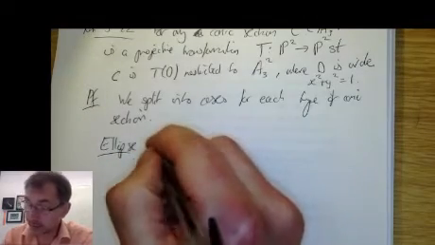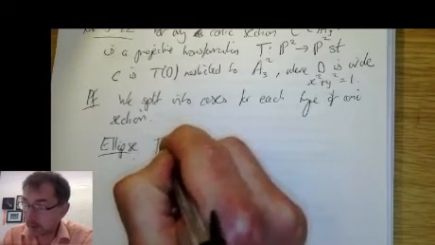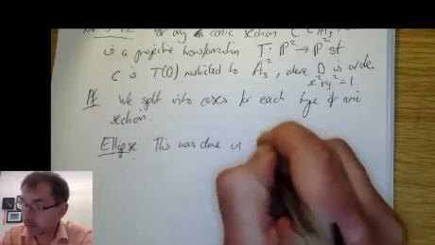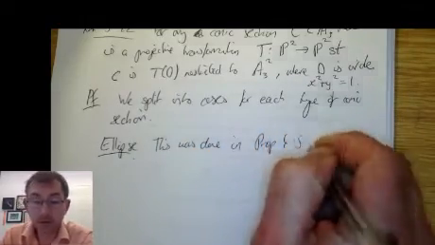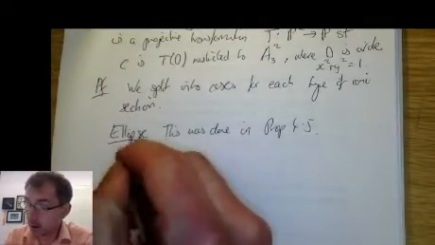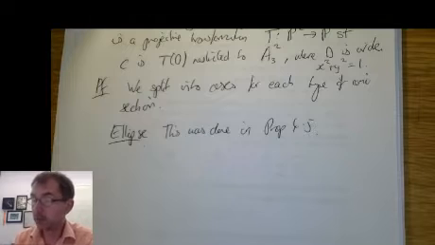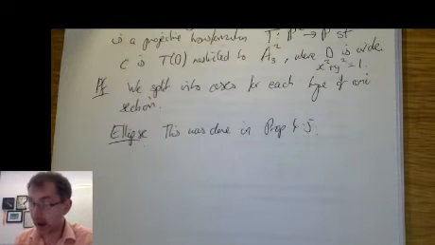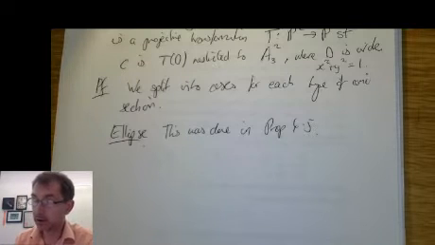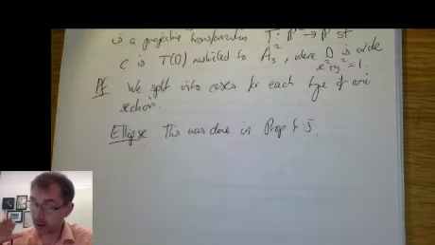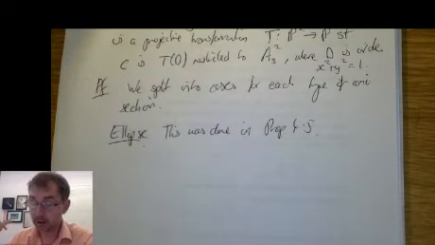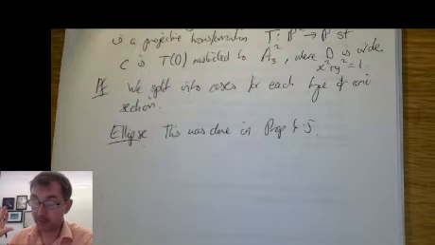Well, we've already done the ellipse. This was done in proposition 4.5. And we know that any affine transformation, in this third coordinate chart, can be turned into a projective transformation.